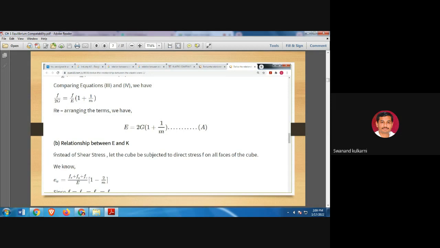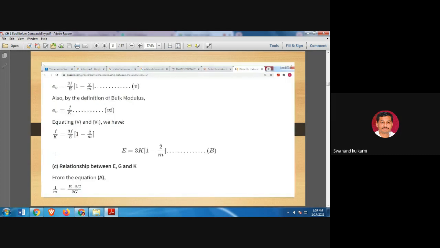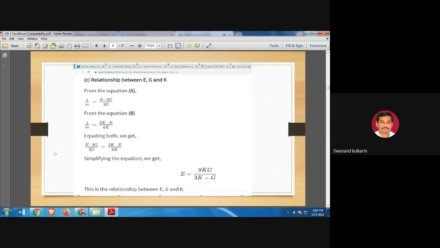So the first equation between E and G is E is equal to 2G into bracket 1 plus mu, and the second relationship between E and K is E is equal to 3K into bracket 1 minus 2 mu. Are you getting these two equations? You are already familiar with this; you studied this in your second year.